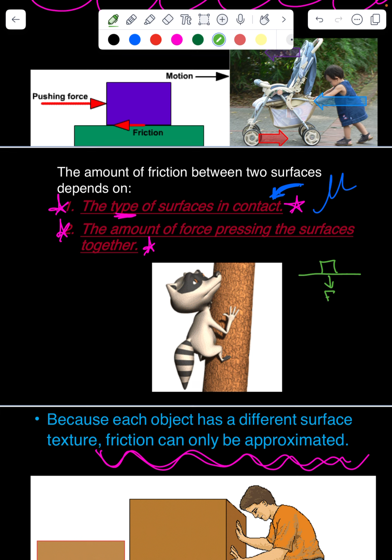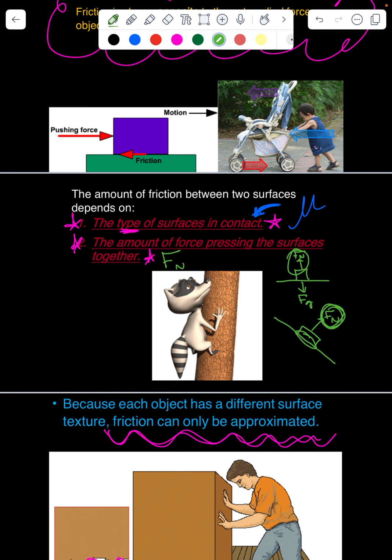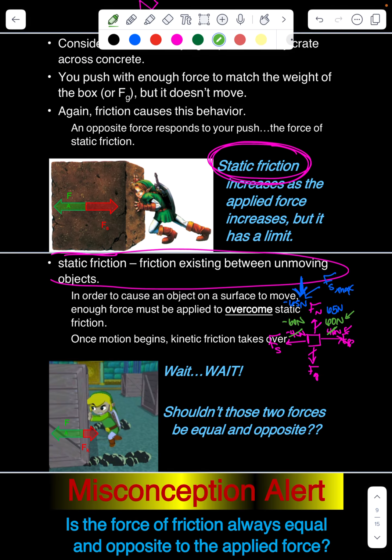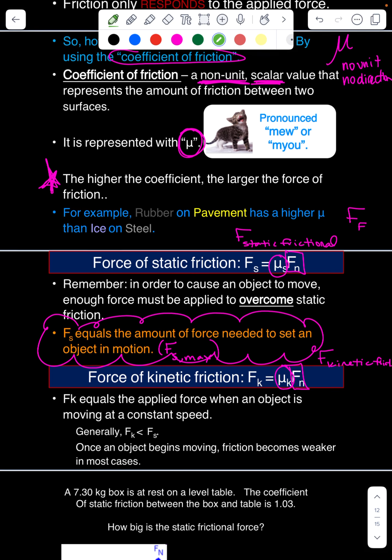Remember, the thing pressing those surfaces together is gravity and normal. But what about here? The surface is going to be perpendicular, so we're looking at that normal force. Our normal force is what we use to determine that, so you see both of those in our equation.